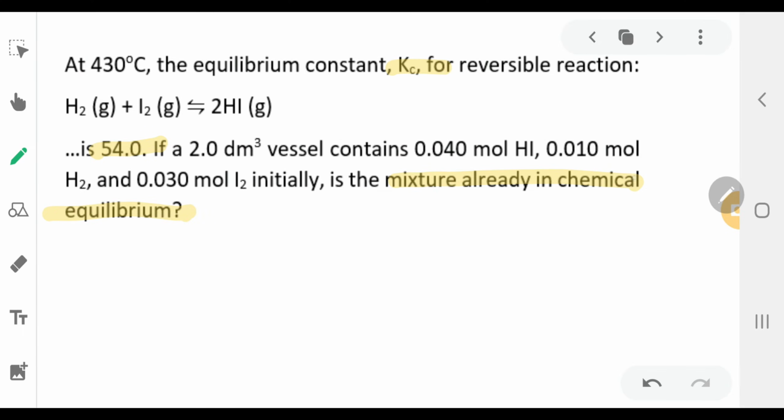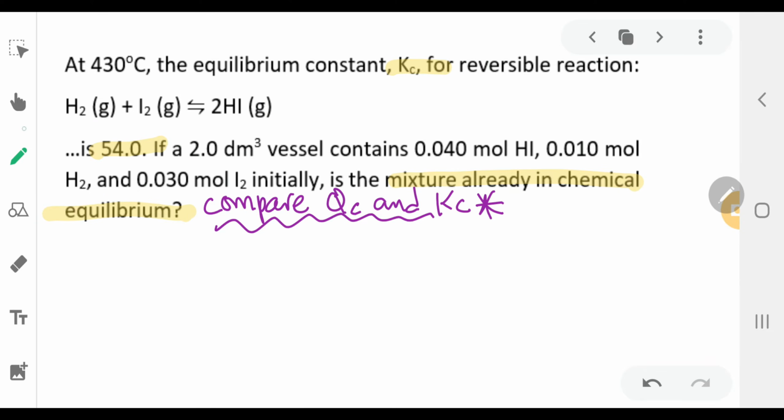The question wants you to find out whether chemical equilibrium has been achieved or otherwise. When you want to compare Qc and Kc, no need for an ICE table, okay?